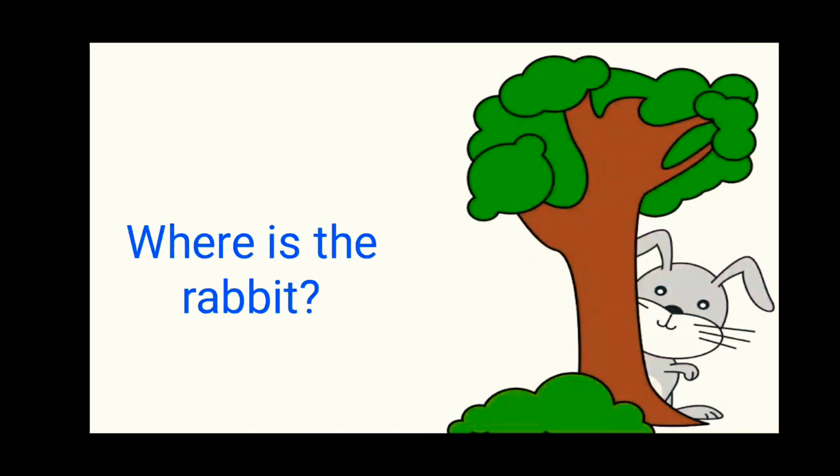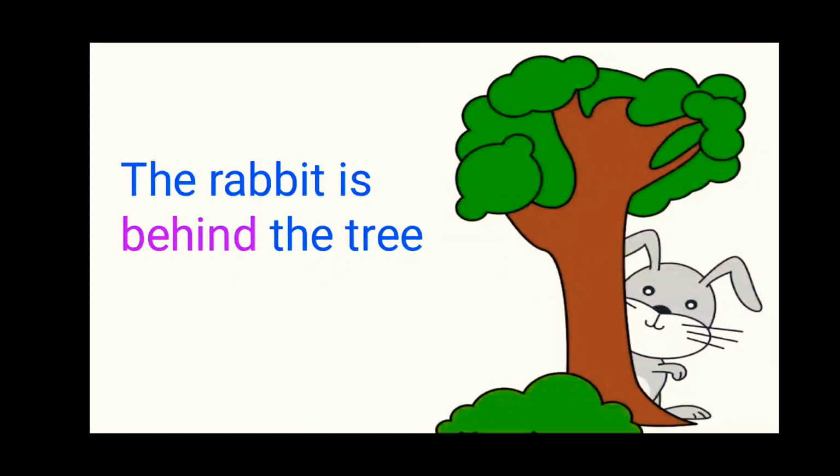Now, where is the rabbit? So there are two things, this tree and this rabbit. The rabbit is behind the tree. So here behind is the preposition, and behind is used when one thing is covering another thing.